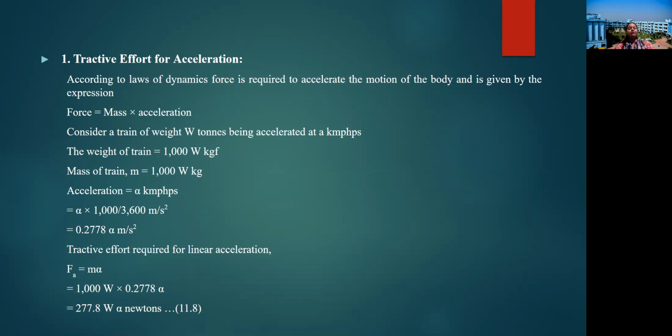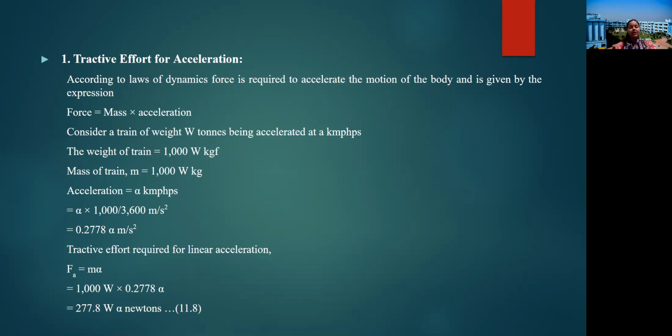Now tractive effort for acceleration, FA. We are going to calculate FA. According to the laws of dynamics, force is required to accelerate the motion of the body and is given by force, we all know, mass into acceleration. Now suppose a weight of a train is W ton. So it will be 1000 W kg being accelerated at alpha kilometer per hour per second.